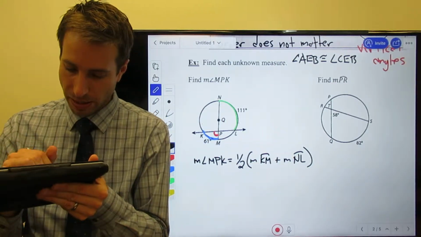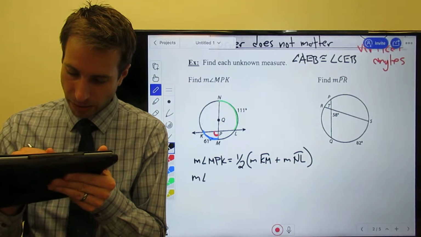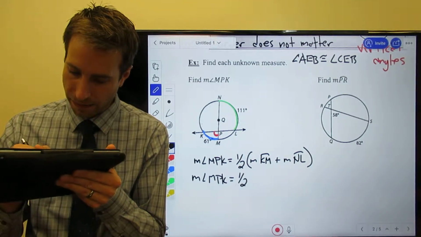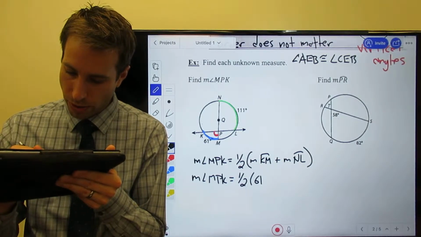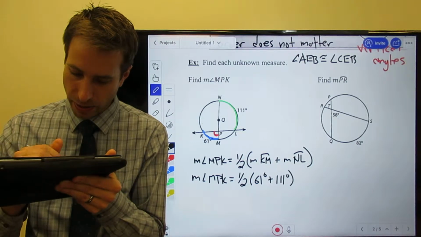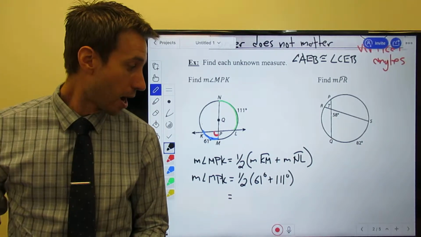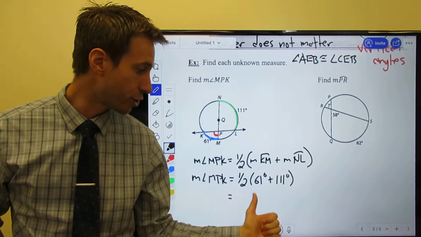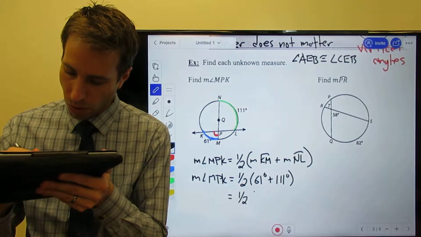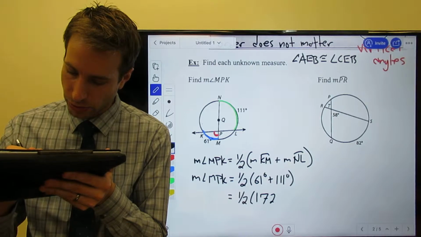So here we go. The measure of angle MPK is equal to 1/2 times 61 degrees plus 111 degrees. Don't fat finger something on your calculator and you should be good. 61 plus 111 is going to be 172 degrees.